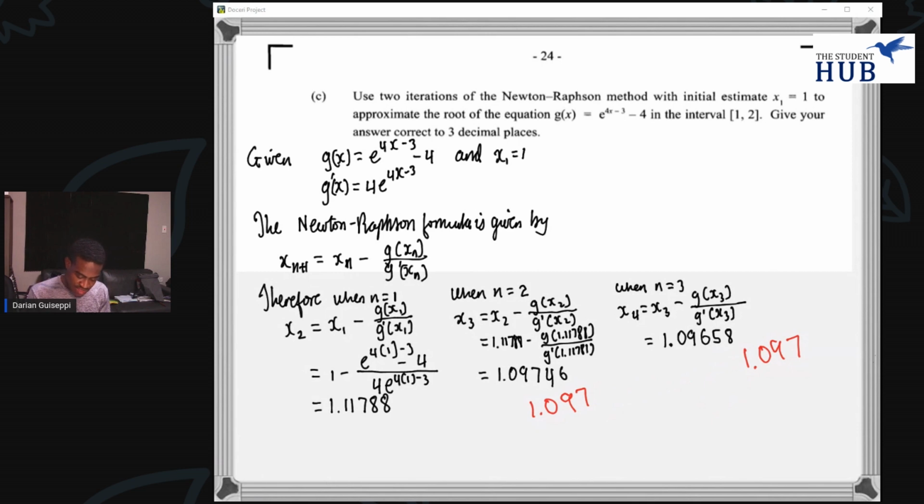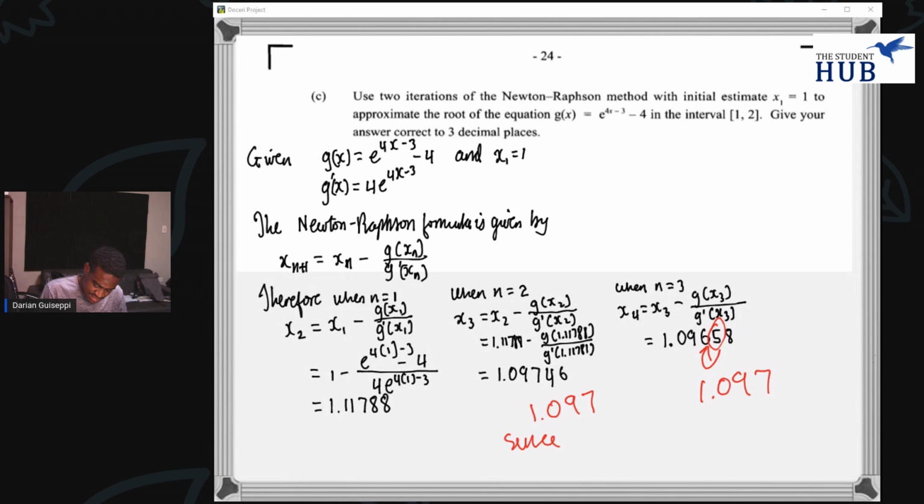So in the end, we could say since x3 and x4 approximated to 3 decimal places are the same value, then the root of the equation g of x would be 1.097 correct to 3 decimal places.